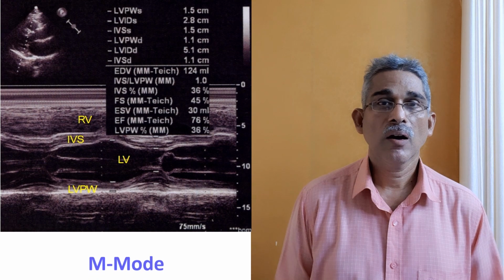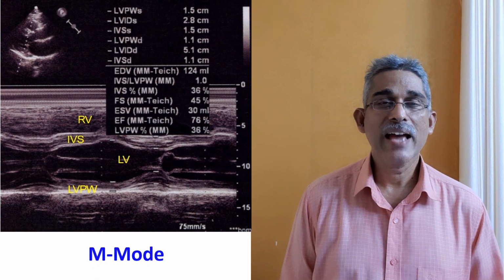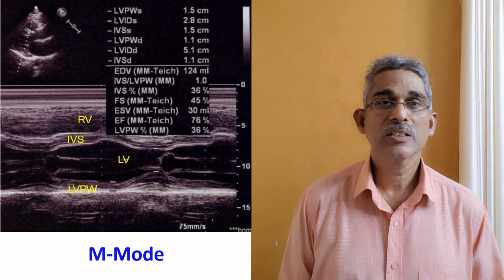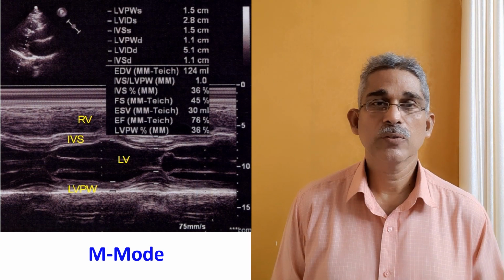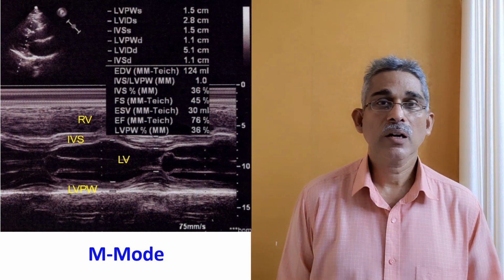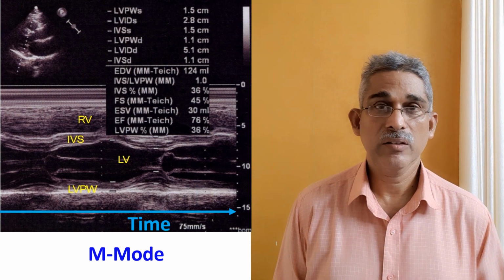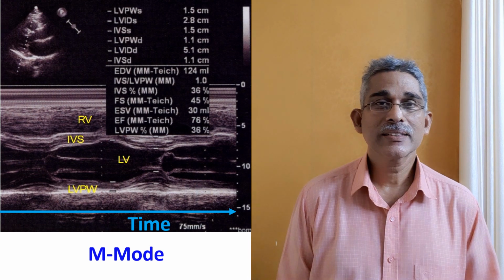Now we have different modes of echocardiography. The very old mode was the M mode or TM mode, time motion mode, in which it is almost like a graph with the horizontal axis being time and vertical axis distance from the location of the probe.